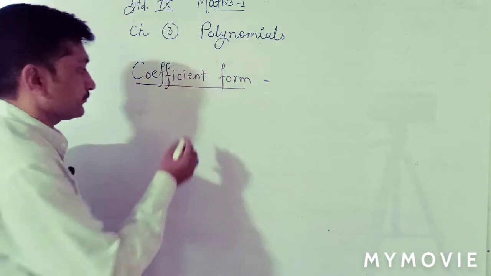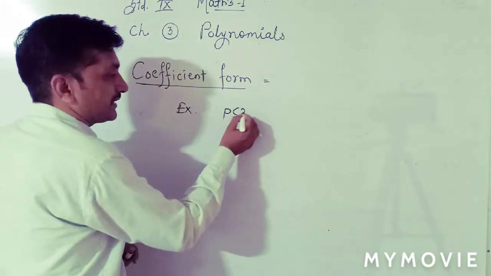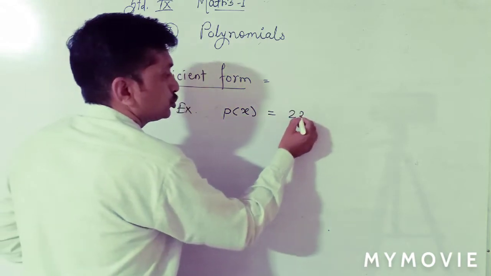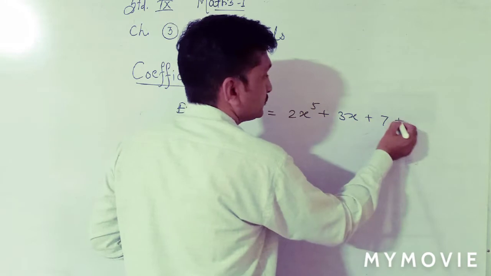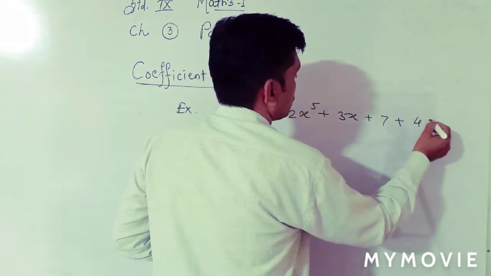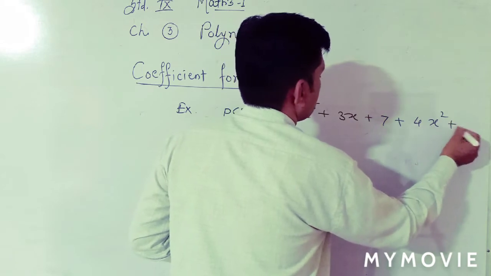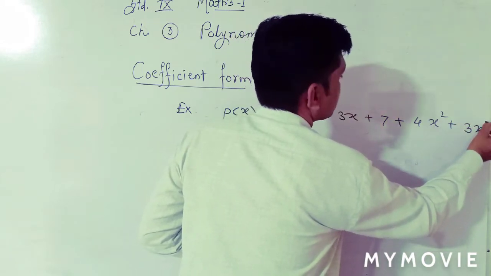See an example. One example I write here. P of x is 2x raised to 5 plus 3x plus 7 plus 4x square plus 3x cube.